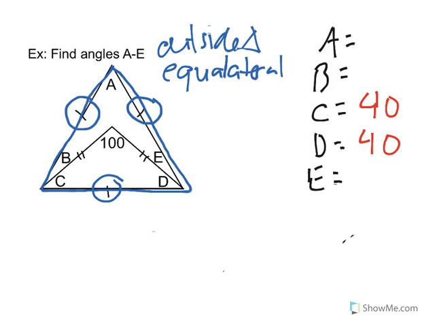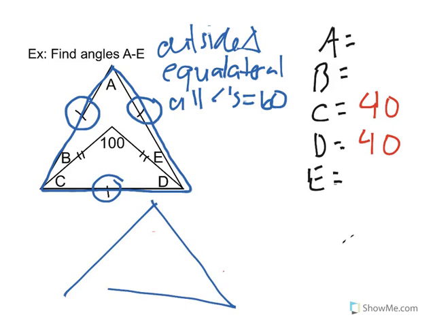And since it's equilateral, all the sides are the same and all your angles equal 60 degrees for an equilateral triangle. So that means that all of your entire angles for the equilateral are 60 degrees each. So that means up there, the only whole angle is 60 degrees. So angle A is 60.